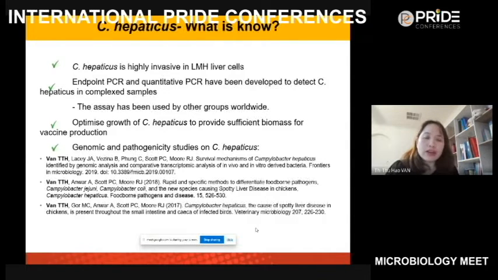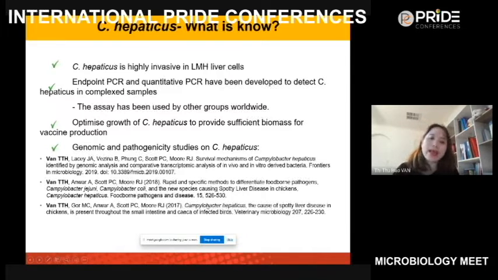We also developed endpoint PCR and quantitative PCR to detect this bacteria. We published, and other groups have used this method. So we have a rapid method to differentiate it from other Campylobacter.